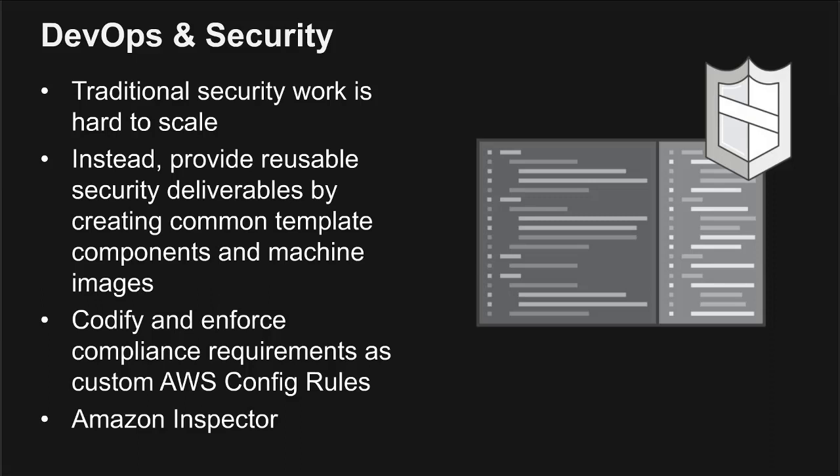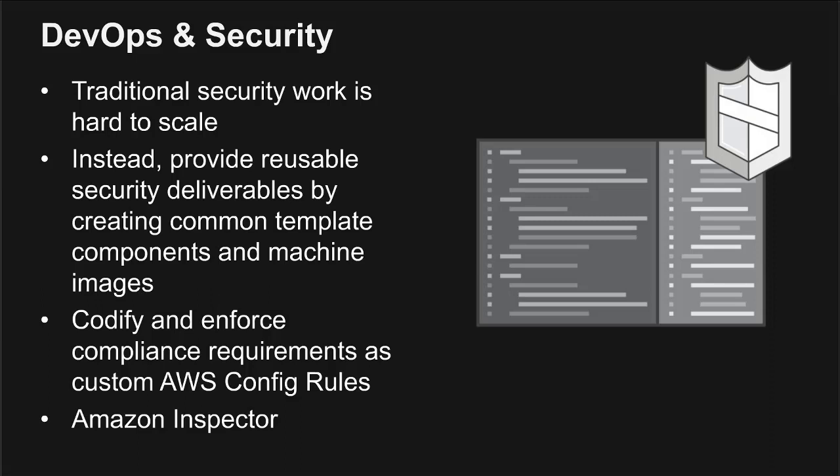So, for example, you can have common bits of your CloudFormation templates that are distributed across all your environments that ensure certain security standards. For example, you might want to have IAM users that are in all your AWS accounts, for example a security auditor role. You can have a CloudFormation template that defines that, and then use CloudFormation StackSets to roll that template out across regions and across AWS accounts.